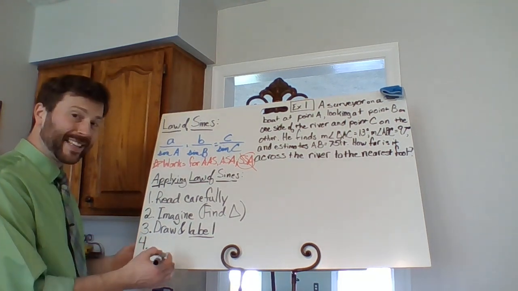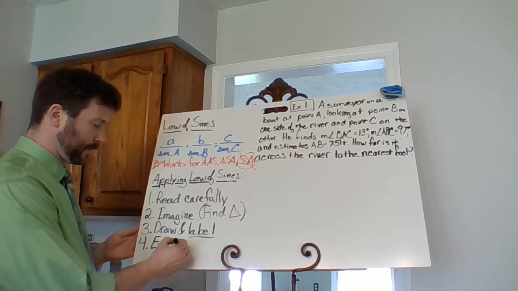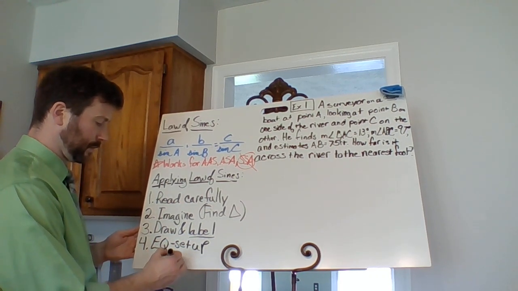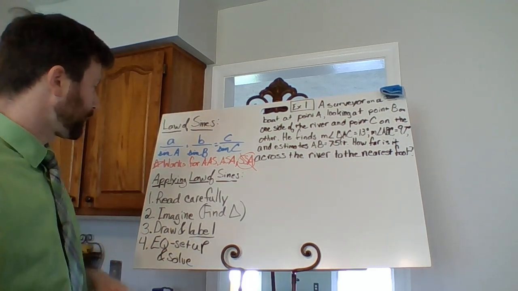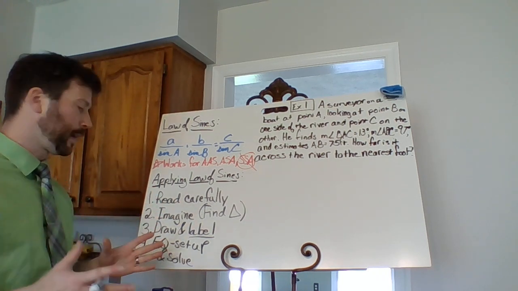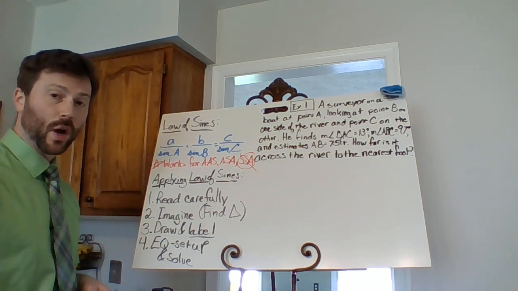Then, finally, set up the equation and solve it. So, read it carefully, imagine, find that triangle. Where's the triangle in the story? Draw and label it, set up the equation, solve it.